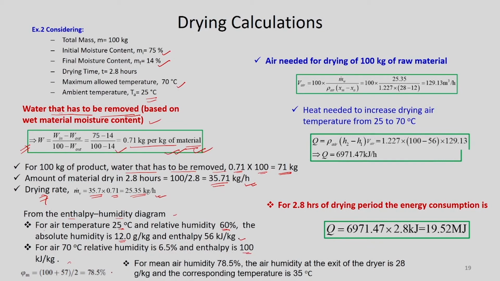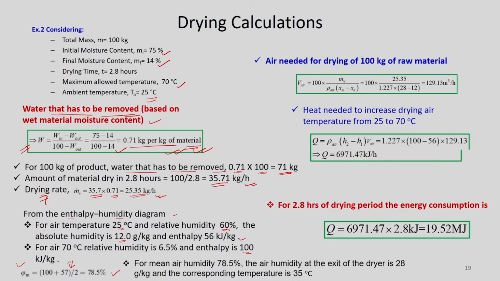And also we need to find out this equivalent humidity. Because the activity is about 0.57 in our case, the equivalent humidity will be 100 plus 57 divided by 2, it will be 78.5.